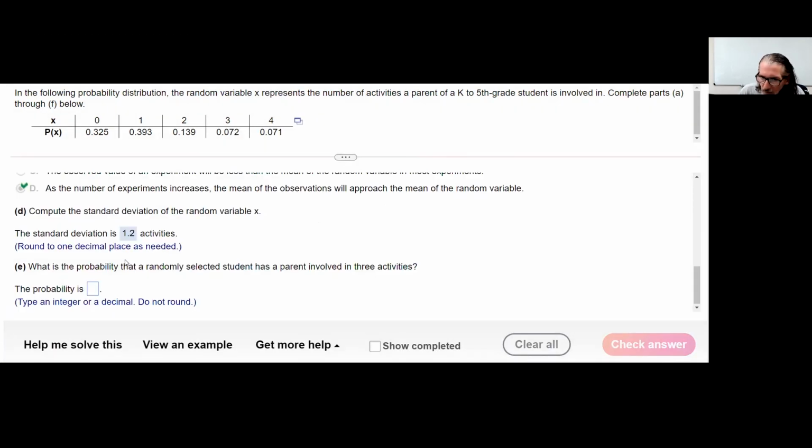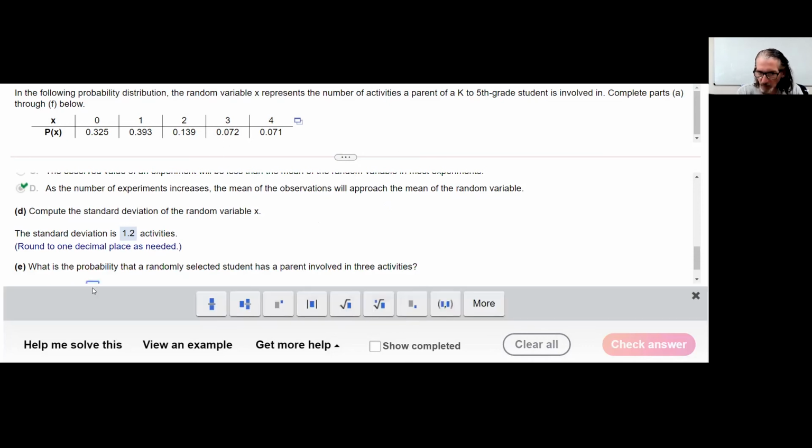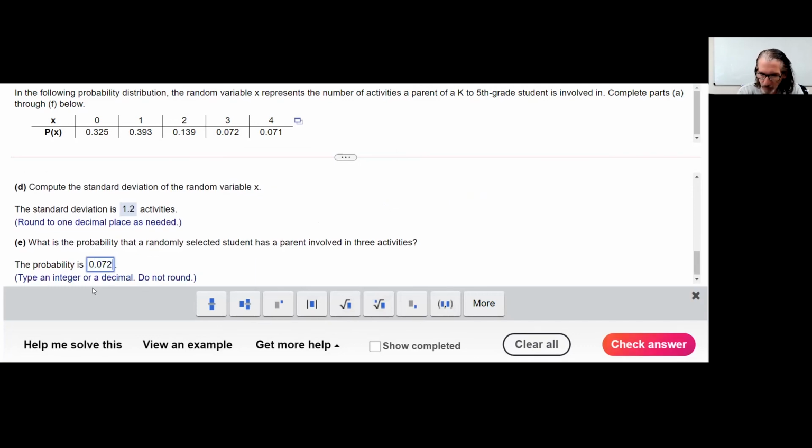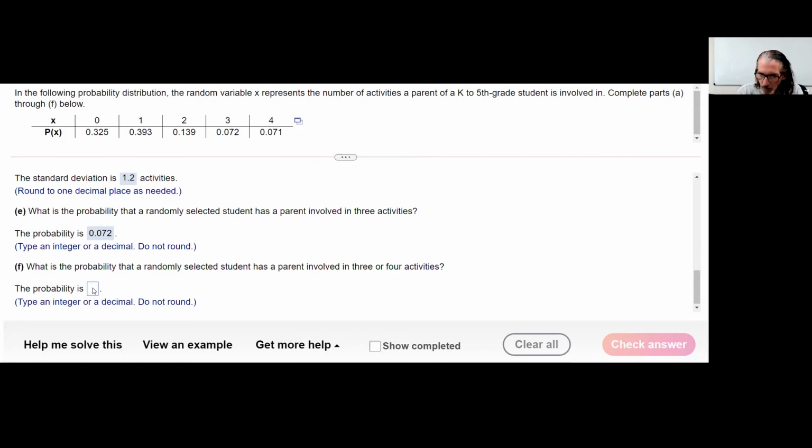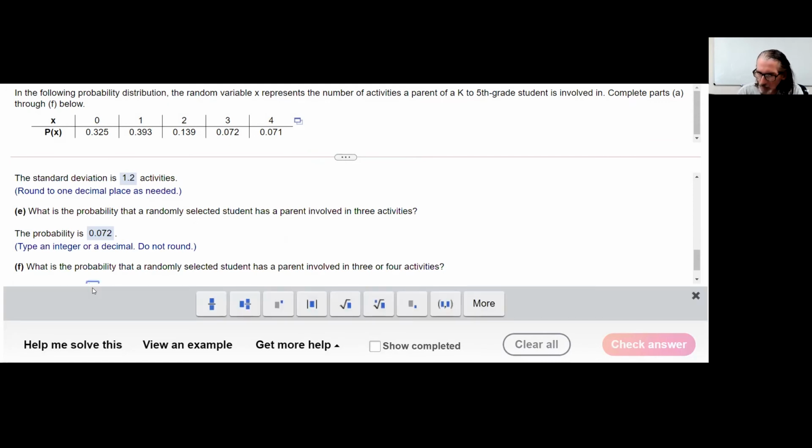This is a probability that a randomly selected student has a parent involved in 3 activities. That would be exactly 3. So we can just read the table with a 0.072 there. And then 3 or 4. You cannot have both.